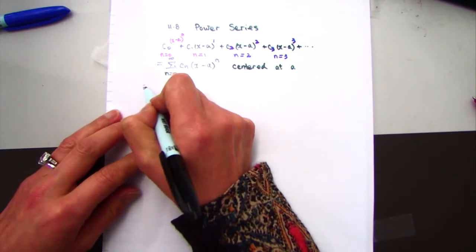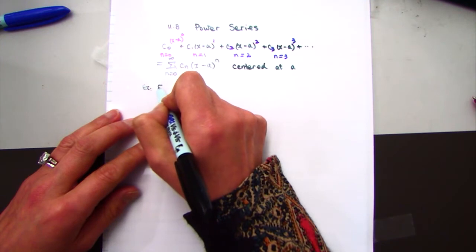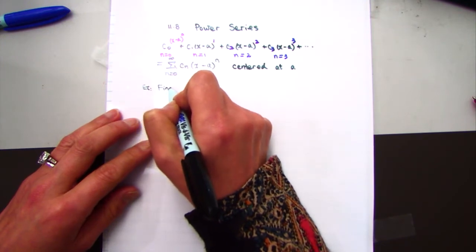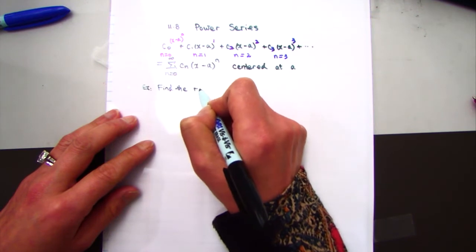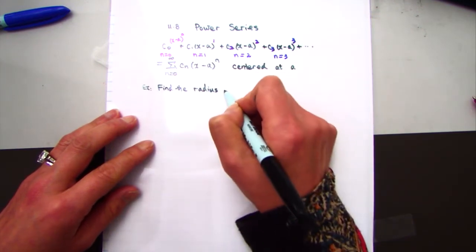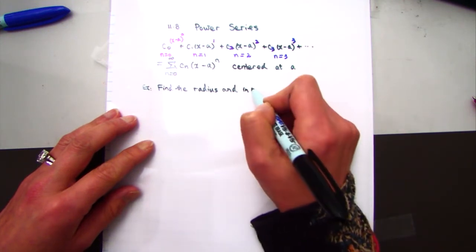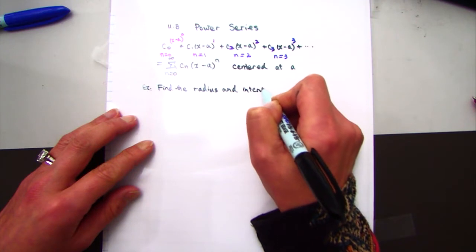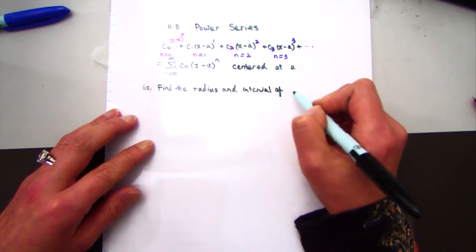Example: find the radius and interval of convergence.